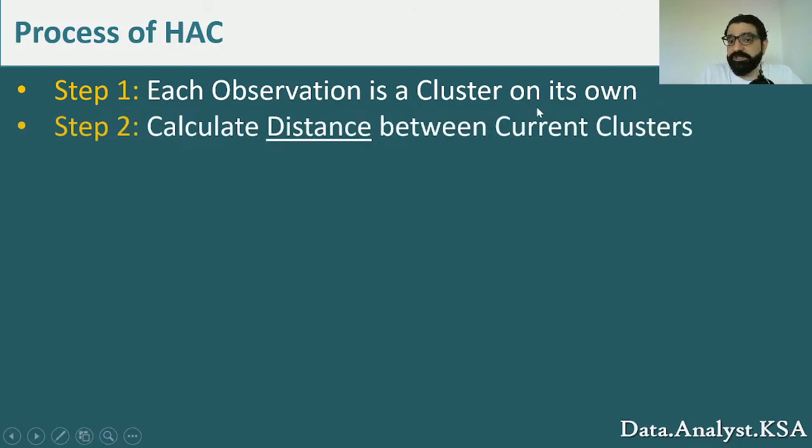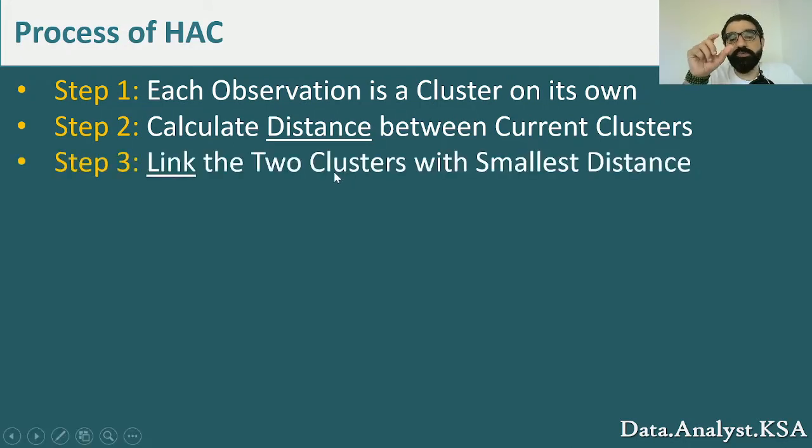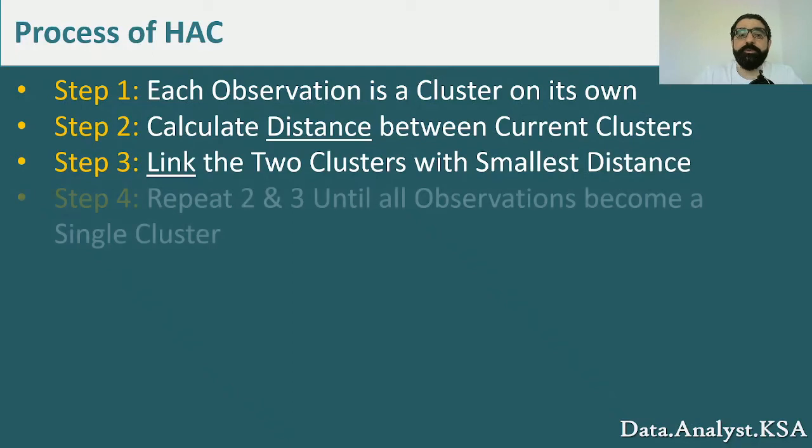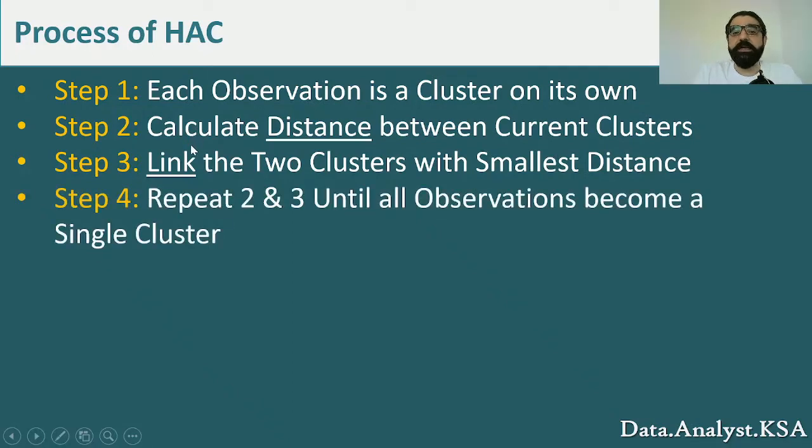So we will start with each observation being in a cluster by its own. Then we will start calculating the distance between the current clusters, which are the current one single point observations. Now, the ones with the shortest distance, which are the ones that are most similar, we will join them into a new cluster. And then we will repeat step 2 and step 3 until all of our observations end up in one cluster.